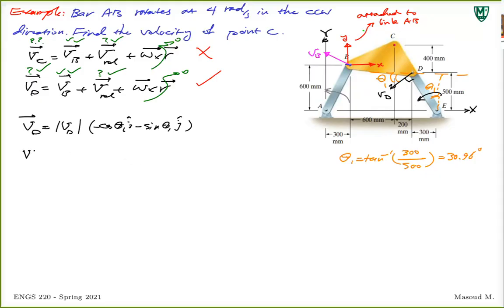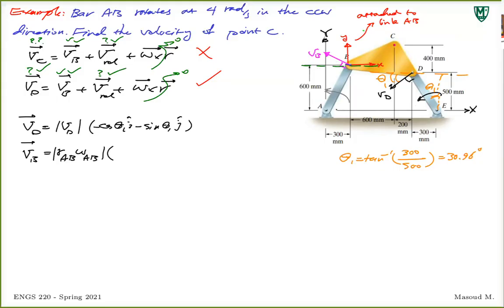So look at VB. I'm just going over terms one by one. VB, we figured out this direction. This is VB right here. So VB is R AB times omega AB, whatever the magnitude of that, multiplied by a direction, for which we need to find this angle. Maybe the other angles might be easier.